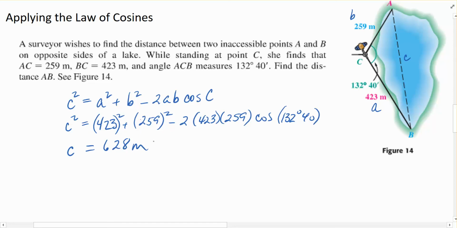It's kind of straightforward: as long as you can get all of the values into the formula in the right order, then it's just a matter of working your calculator to come up with the answer. I would caution you that I have seen many times that students get to this step but forget to take the square root at the end to get the answer we're looking for. So that's just a simple application of the law of cosines.